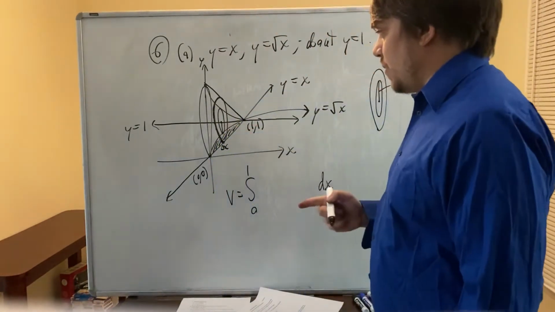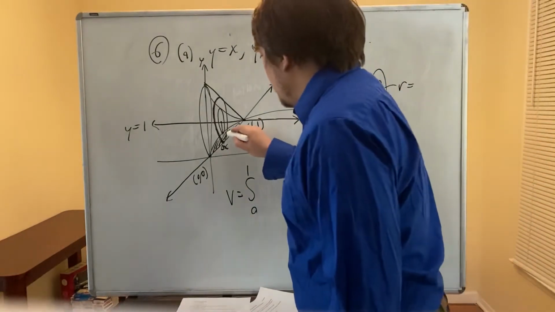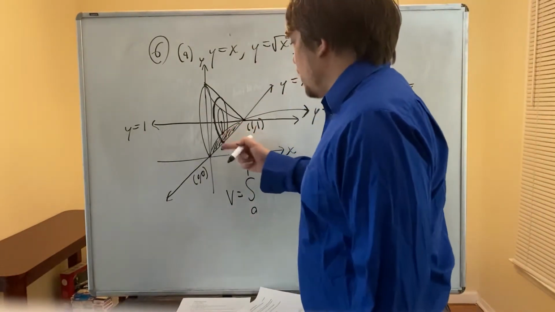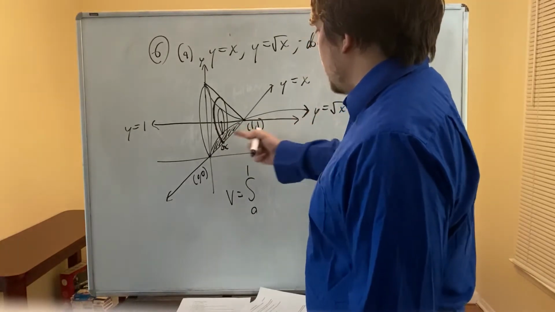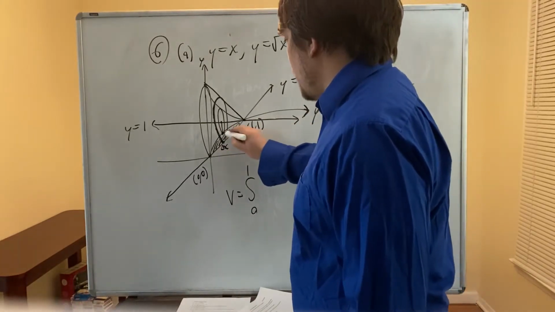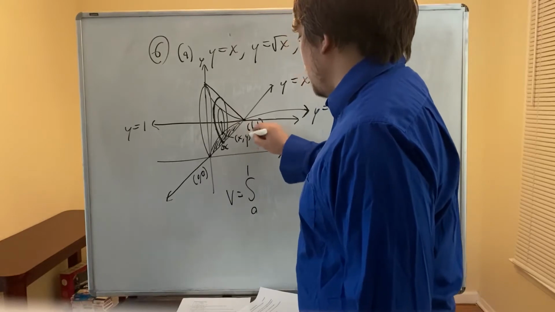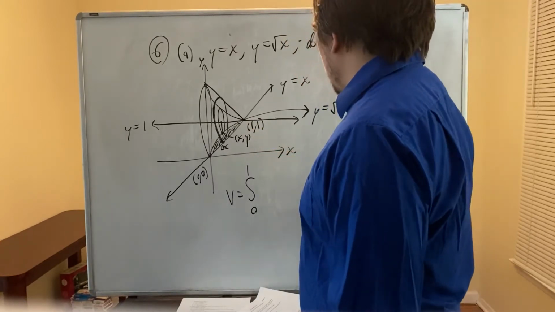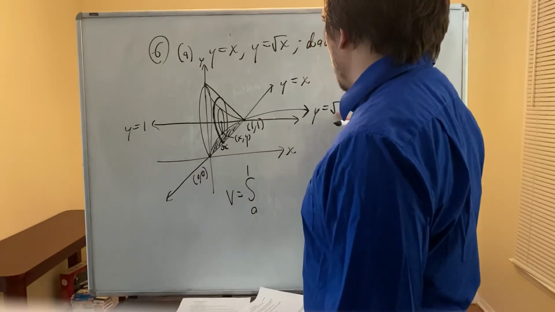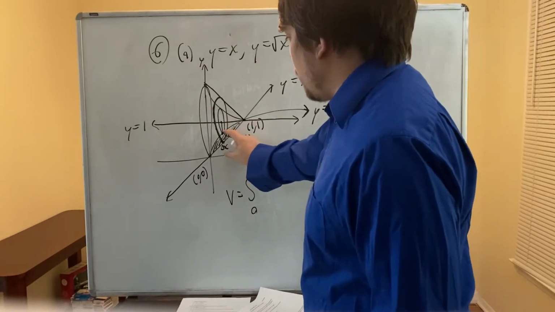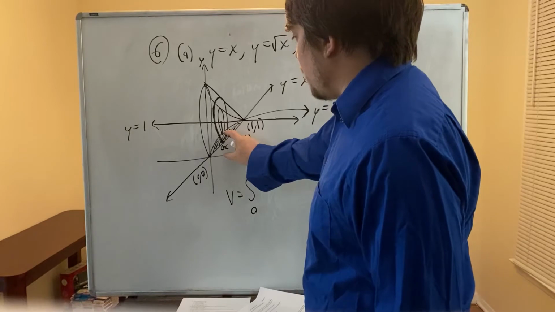That distance there, right? Now if you look at this point, this is the y coordinate of a point on this graph. This is x comma y, right? That point is the point x comma y. We're integrating with respect to x. The y value of that point is the square root of x. So the height of that point in terms of x is the square root of x.